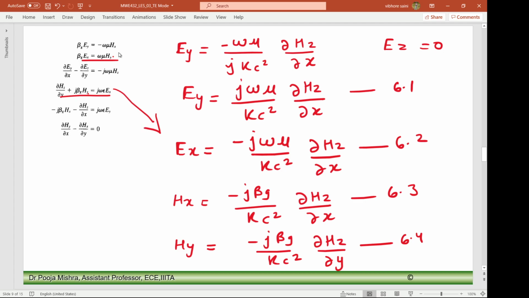We'll put the value of Ey in this particular equation. The Ey solution we already got, so the Hx solution will be obtained through this equation. Now we already have Ex, we'll put it here, and this will give you the solution for Hy, right? So we'll go ahead with our TE mode solution.